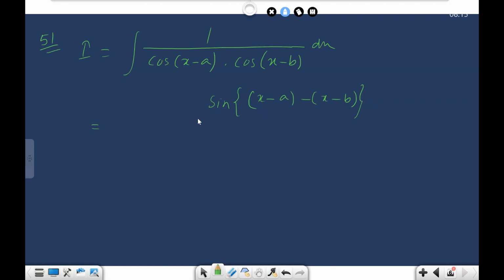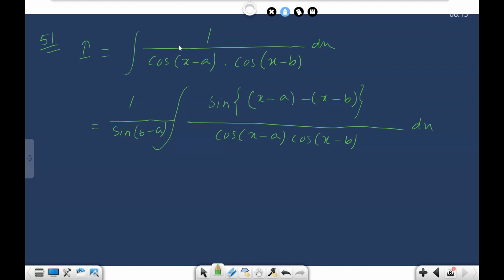You write this in the numerator divided by cos of x minus a into cos of x minus b dx, integration already there. Now you see here, after opening the bracket, this x is cancelled, so your term is b minus a, sine of b minus a. So for adjustment, you just write 1 by sine b minus a here.